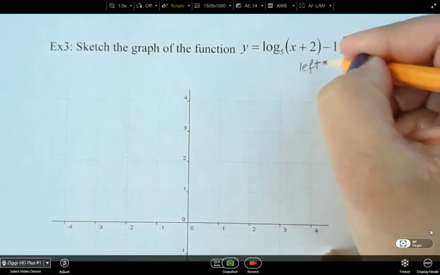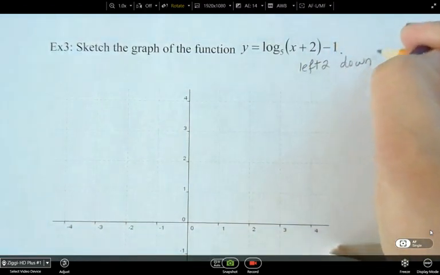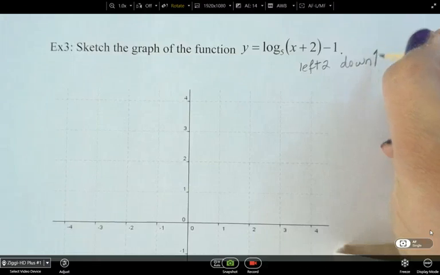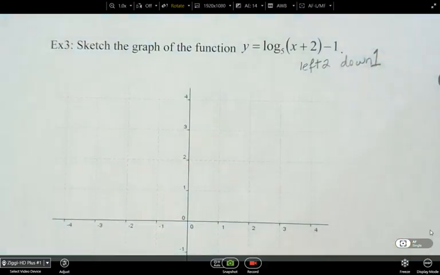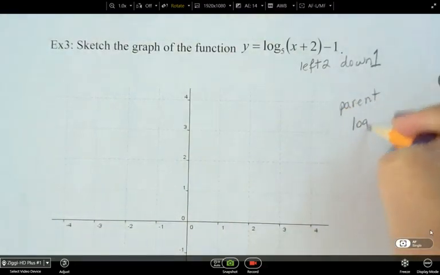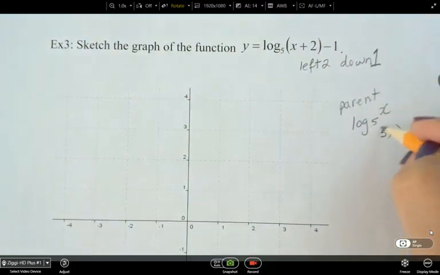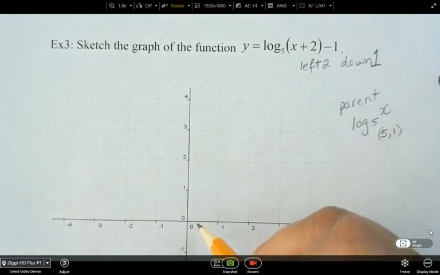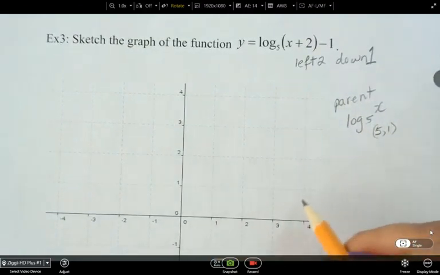You got to know that chapter super well. Okay, so first, what's our parent function in this case? Our parent function is log base 5 of x. So what's the point that we're going to plot? 5 and 1. Okay, so let's just do a little sketchy sketch of that.